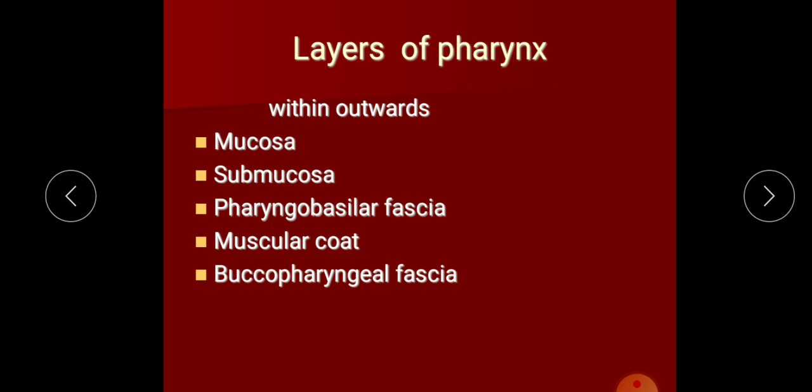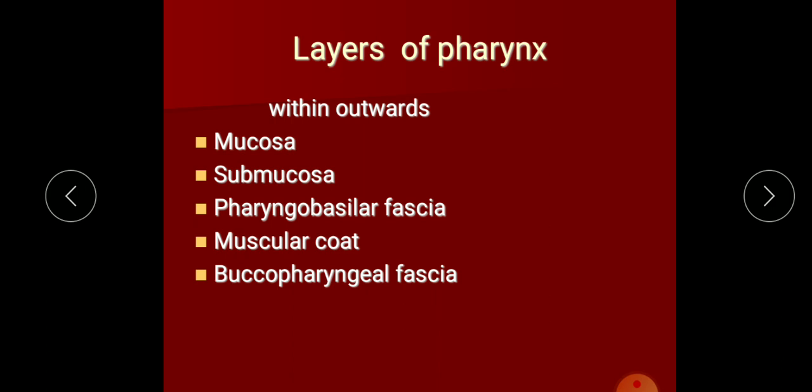And what do you call that layer? That is the submucosa. And outer to the submucosa, you find a fascia, and that is what is termed as the Pharyngobasilar fascia. Fine.